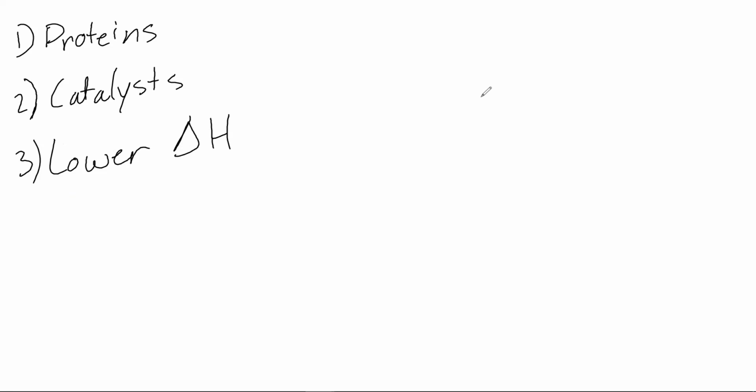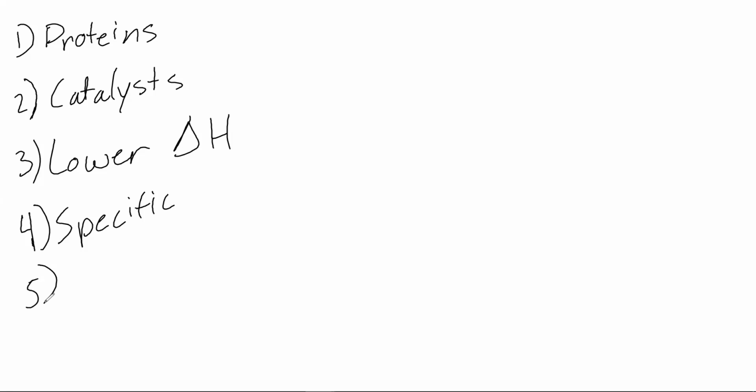So, number 3, they lower your delta H or your activation energy. Number 4, they are specific. Your body designs your enzymes to do one reaction and only that reaction. Number 5, anybody remember what the last thing is?